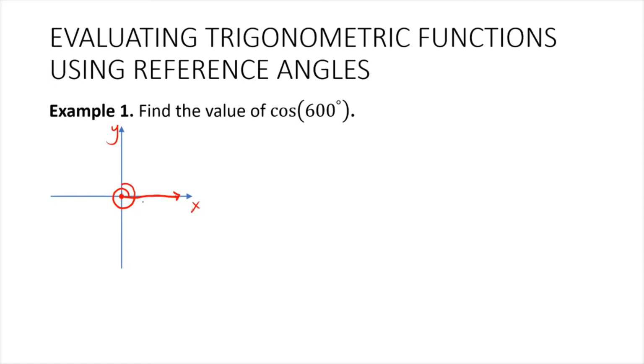If we add another 90 degrees, going from the positive y-axis to the negative x-axis, then that's 450 plus 90. This is 540 degrees, right? And then another 90 degrees. So that's 540 plus 90. We'll get 630 degrees.